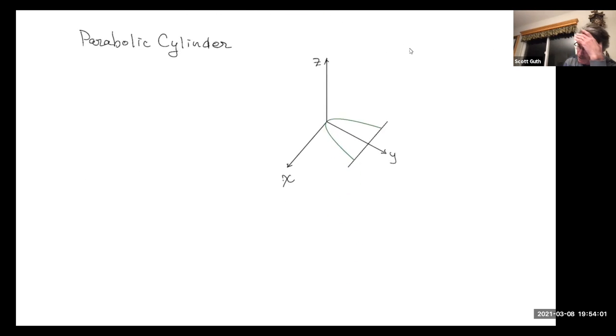And by the way, this is just y equals x squared. But there's many cases of parabolic cylinders that you could do. So this is not the only one.